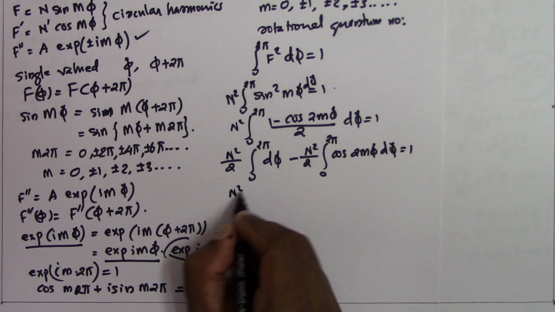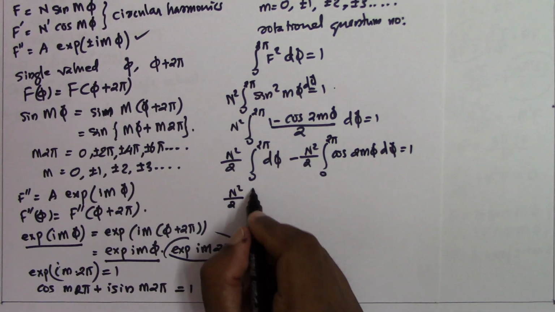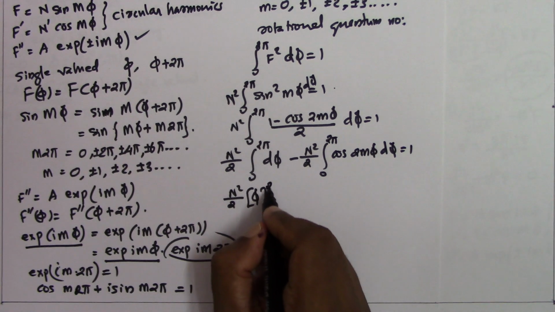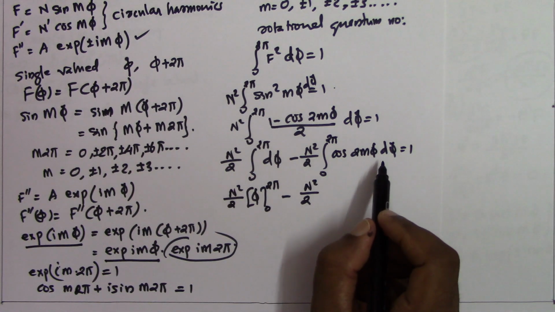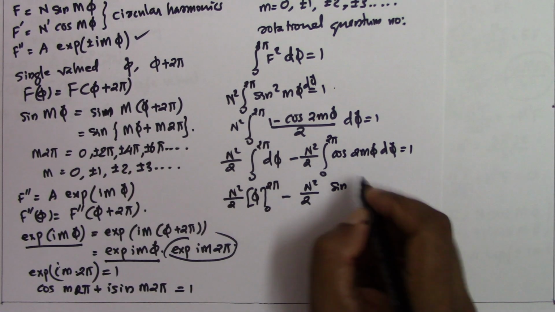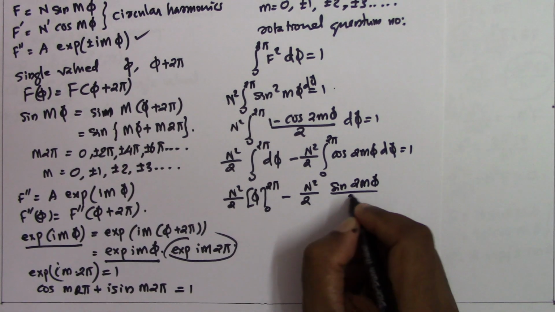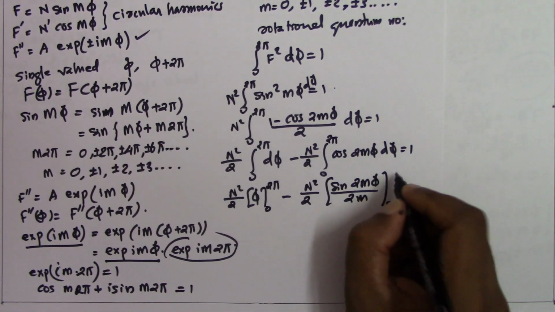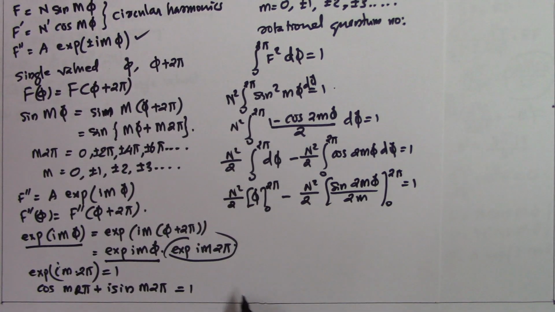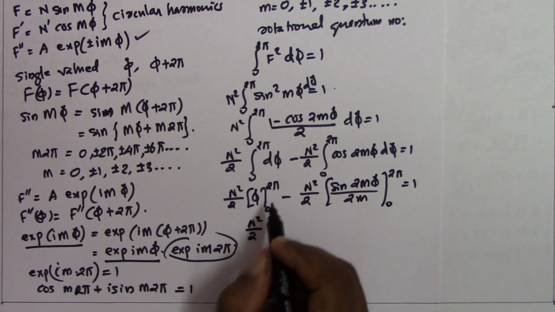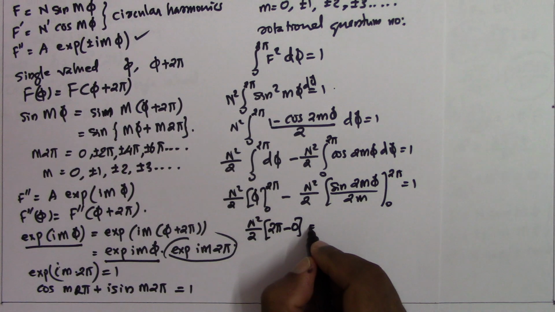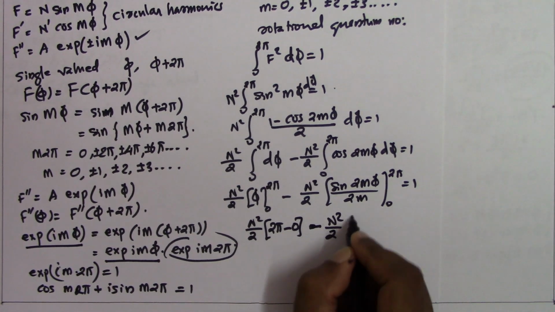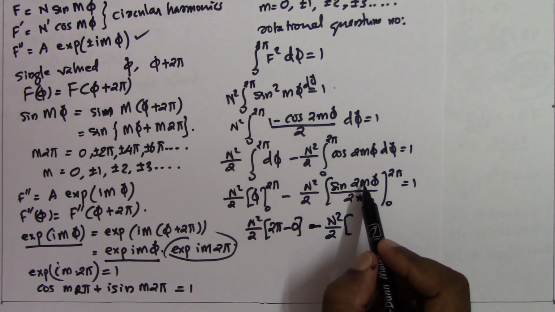That is N²/2 times the integral of dφ, that is φ from 0 to 2π, minus N²/2 times the integral of cos 2mφ dφ, that is sin 2mφ divided by 2m from 0 to 2π, equal to 1. Therefore, N²/2 into 2π minus 0, equal to minus N²/2 into, see, m is equal to 0, plus or minus 1, plus or minus 2, etc. We have already proven that.